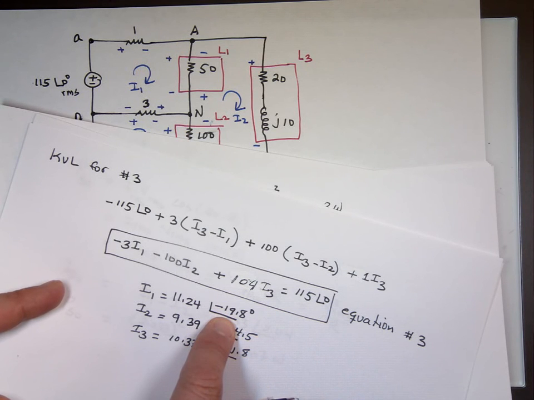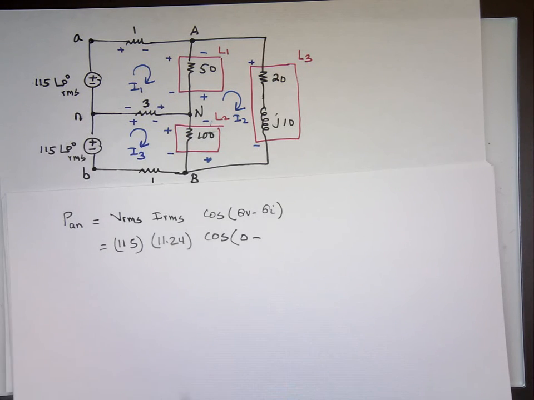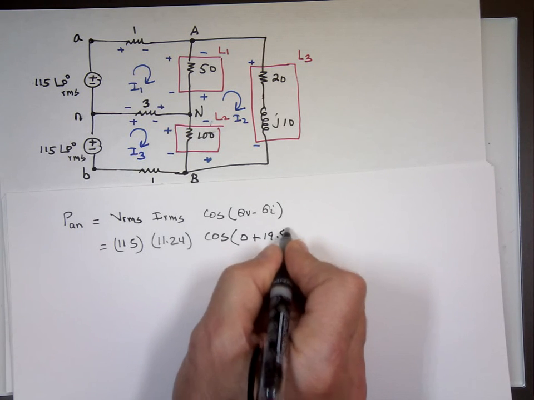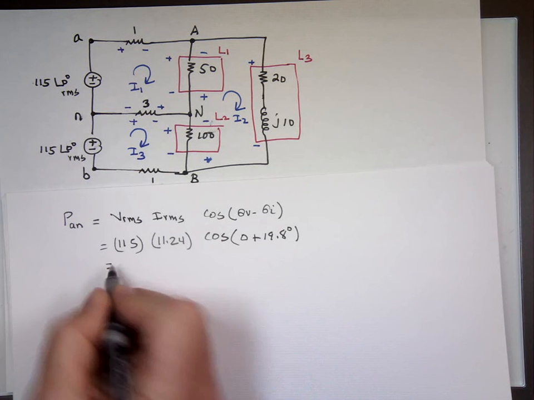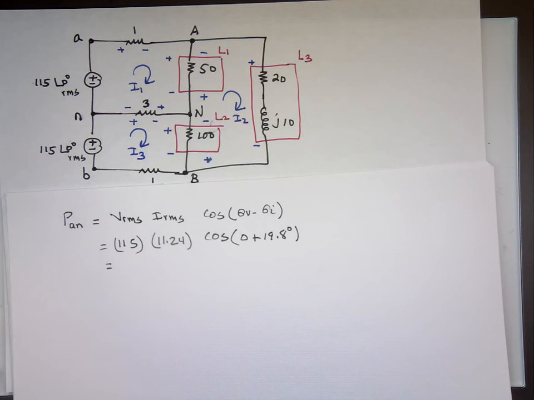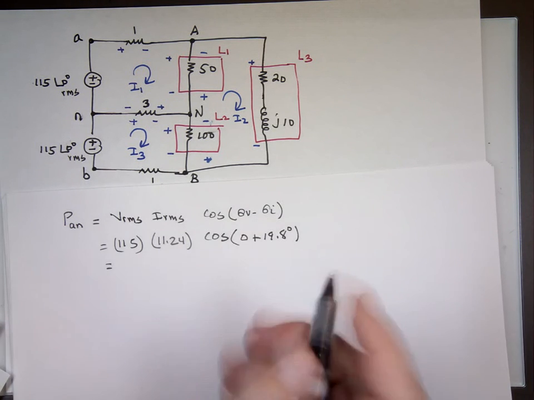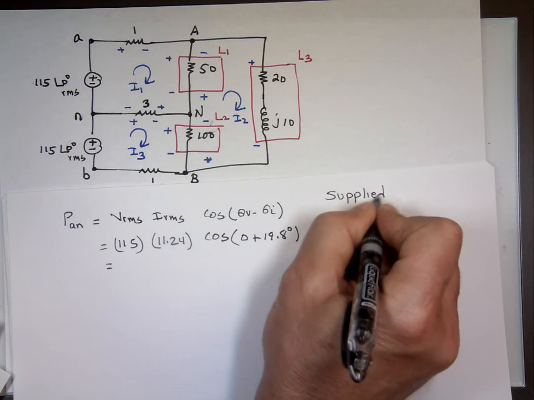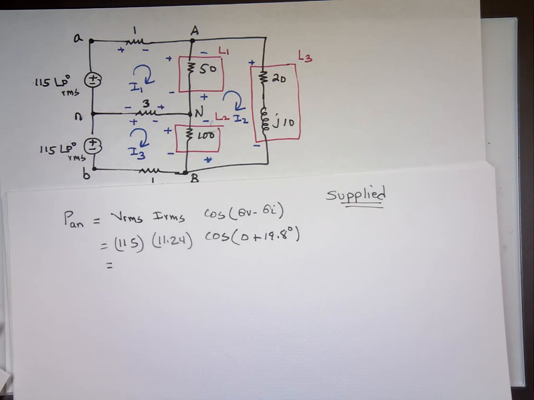So that'll be a plus 19.8. And this is supplied here. So both of these sources are supplying. So 115 times 11.24 times the cosine of 19.8. 1216 roughly.